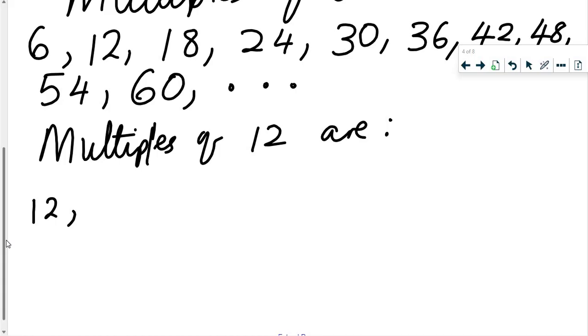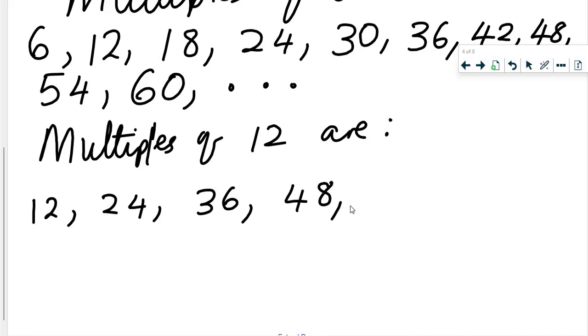Then keep adding 12, 12, 12 to infinity. So add 12, 24. Add 12, 36. Add 12, 48. Add 12, 60. Add 12, 72. Add 12, 84. We can say, and so on.